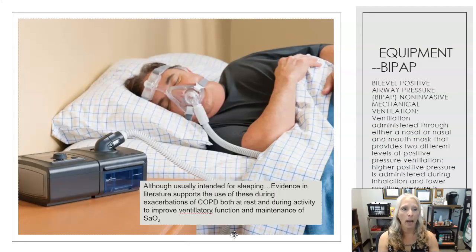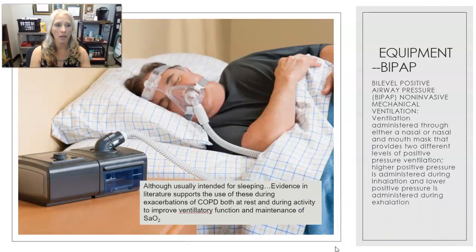Many of you have heard of BiPAPs. This is a piece of equipment that provides positive airway pressure. So it's in two different levels. It encourages a breath, and then there's a period when it's not blowing, so it's going to be kind of on and off, administered through either a nasal cannula or a nasal and mouth mask. There's different kinds of head attachments.